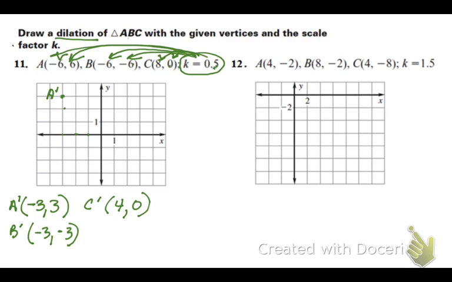So negative 1, 2, 3, negative 1, 2, 3. There's B prime. C prime is 4, 0, so x is equal to 4: 1, 2, 3, 4. Okay, C prime. And we can link them all up. Don't forget to link them all up.